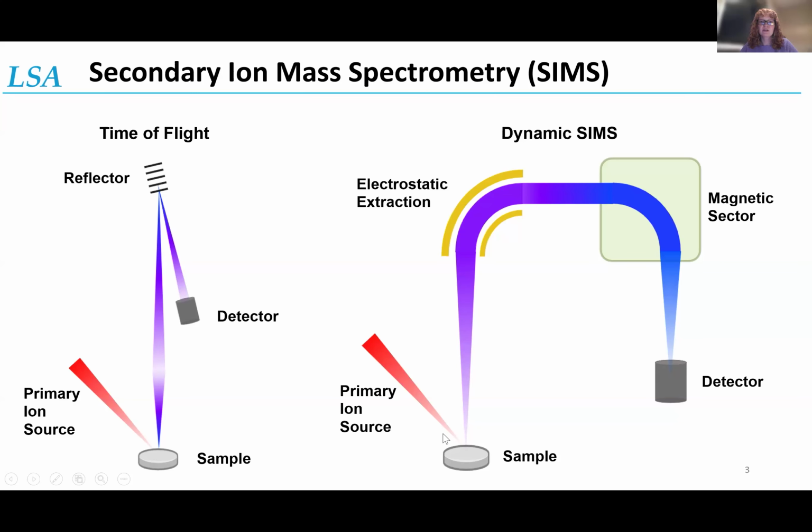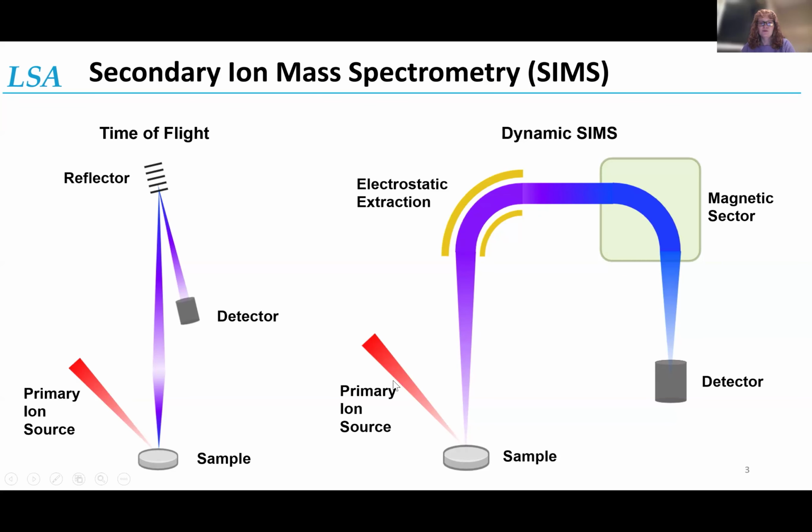These sources vary, so it tends to be cesium and oxygen sources for dynamic SIMS or magnetic sector SIMS. You can use these beams as well for static time of flight SIMS, but you also get molecular cluster beams, you get liquid metal beams, and they're currently developing water beams as well.